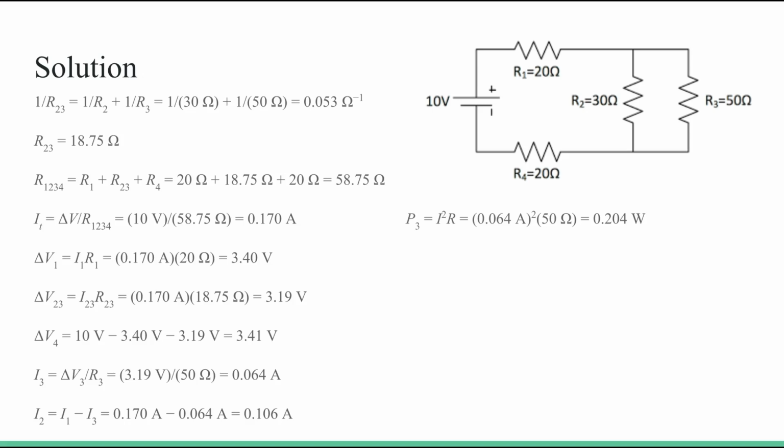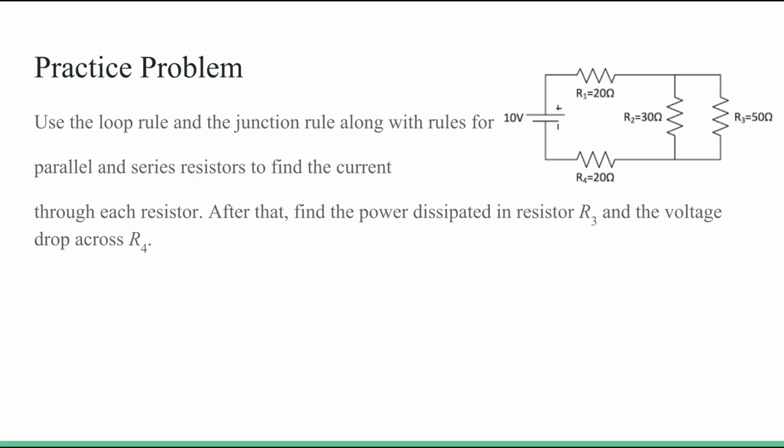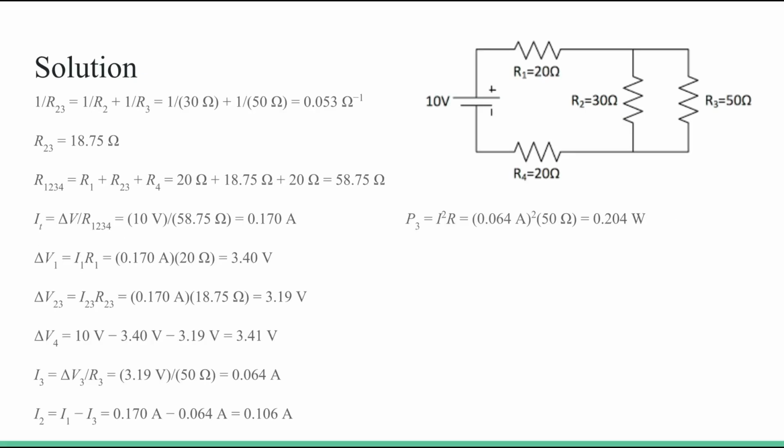Okay, so what you can do, if you want to find the potential difference, the voltage drop across R4, is first find the voltage drop across R1, so that's I1 times R1, where I1 equals 0.170 amperes.